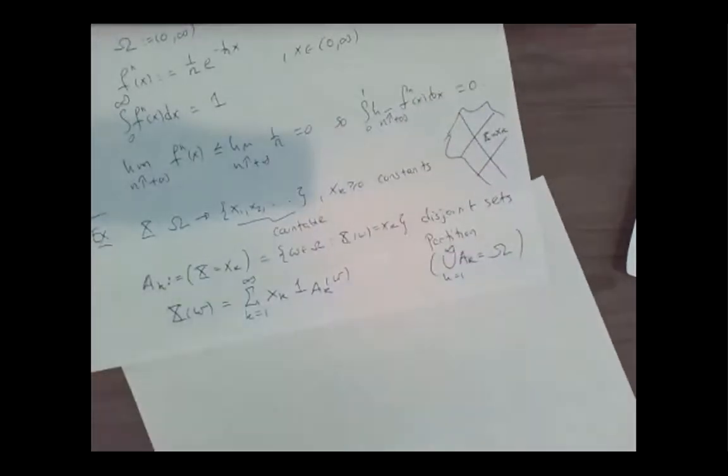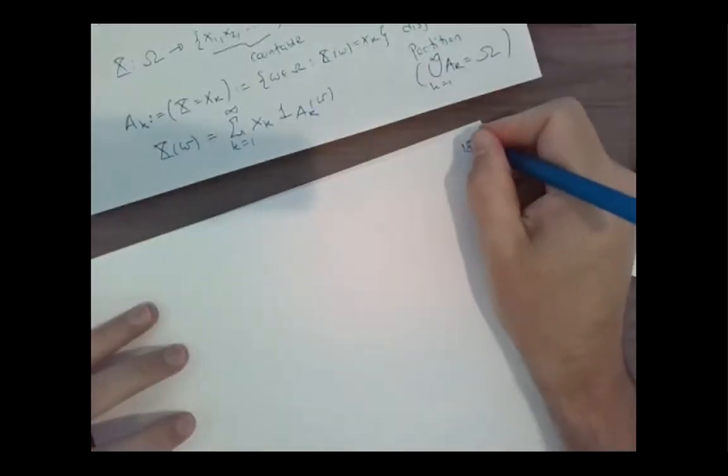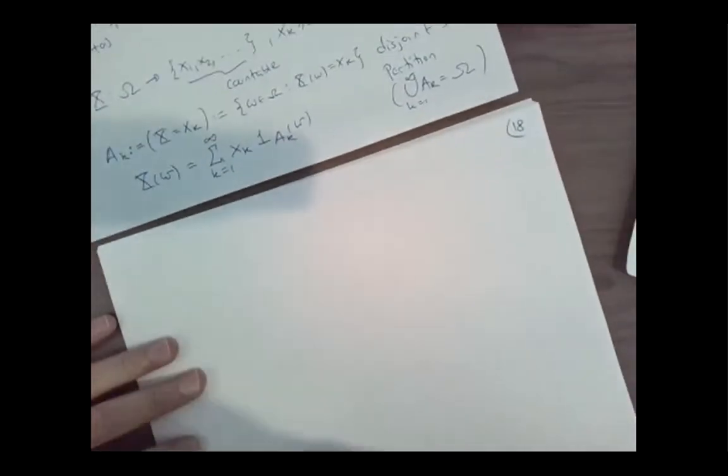Okay, so now I can use the monotone convergence theorem to calculate the expectation. How would I do it?